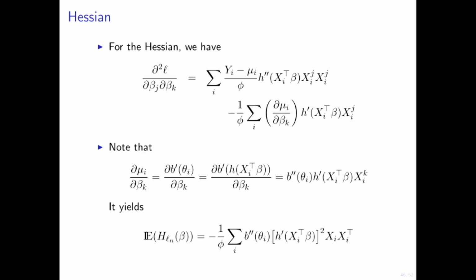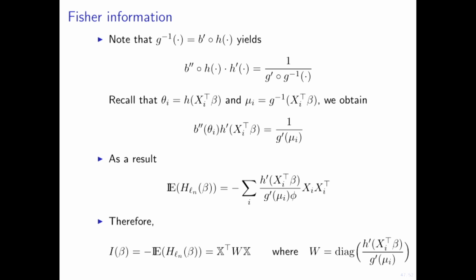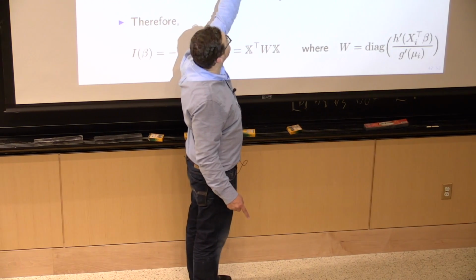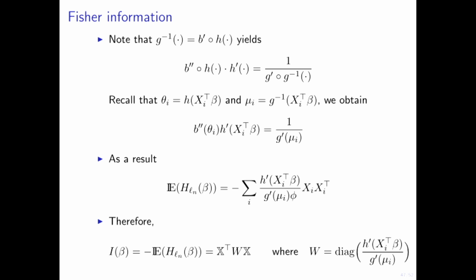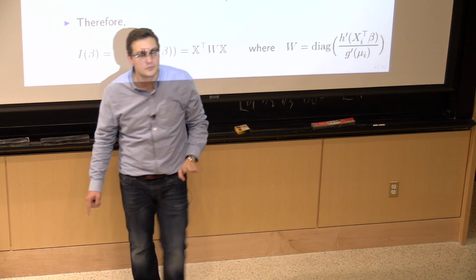But what I wanted to show you is that once I compute this, I can show that if I look at this product that showed up, b prime prime times h prime squared, one of those terms is actually 1 over g prime. And so I can rewrite it as 1 over the h prime, because I had a square, divided by g prime. And now I have this xi transpose.